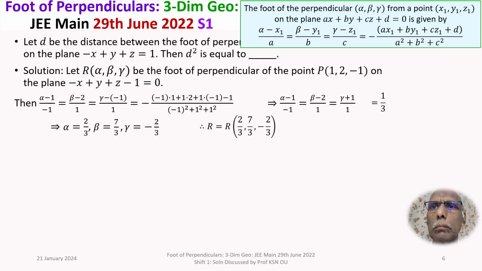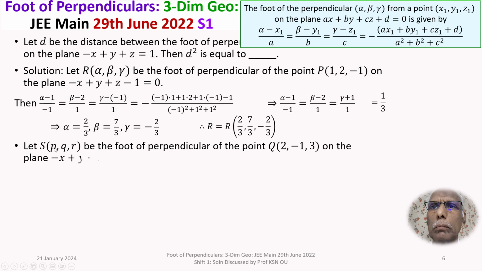Now we go to the next part. Let S with coordinates (p, q, r) be the foot of the perpendicular of the point Q (2, -1, 3) on the plane -x + y + z - 1 = 0.